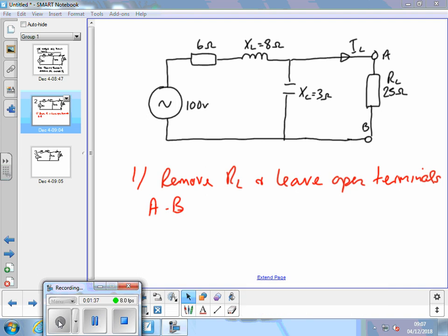The first thing we do with Thevenin's is remove the load resistor, the component of interest, leaving two open terminals A and B.